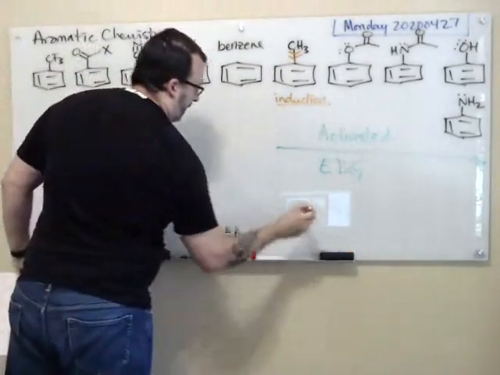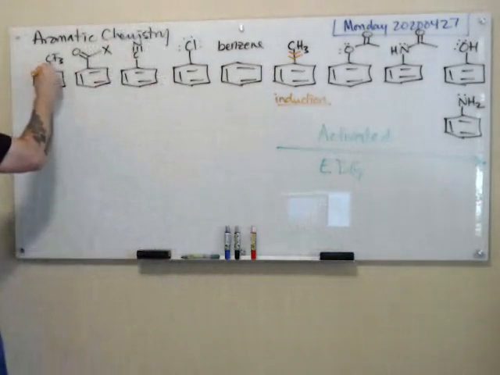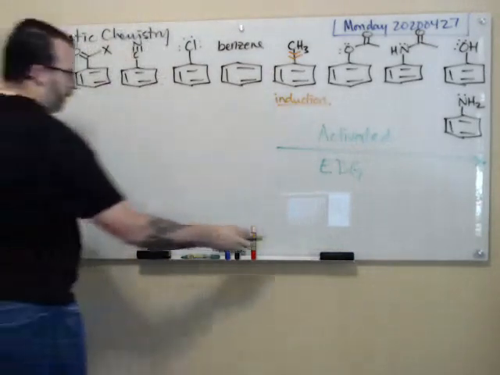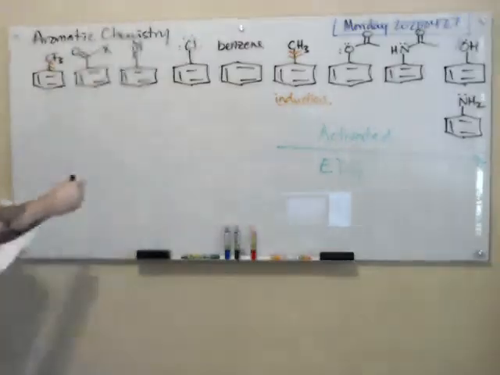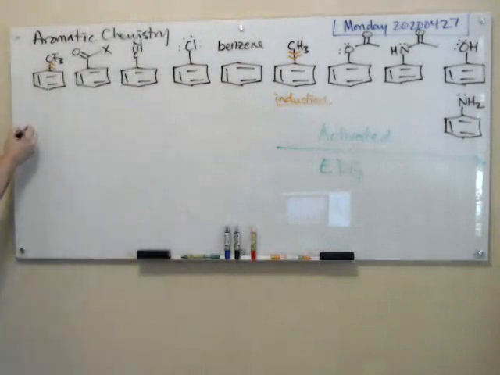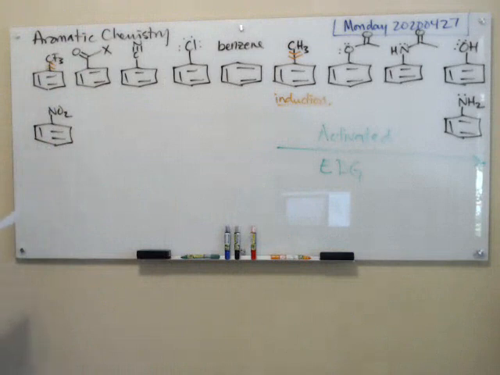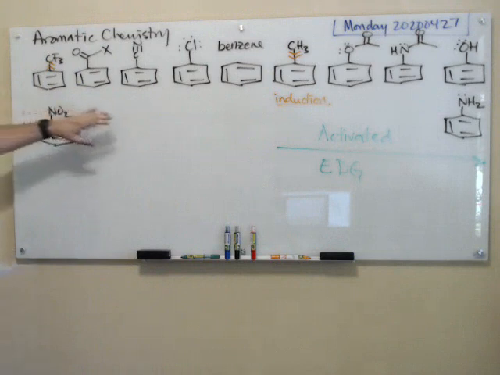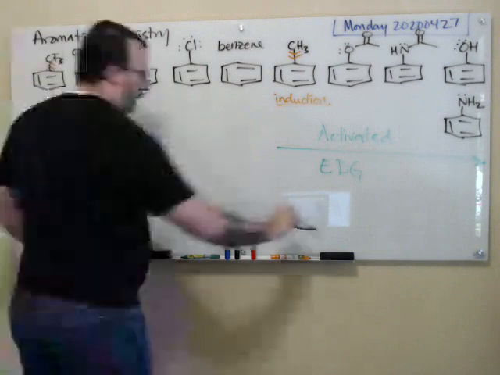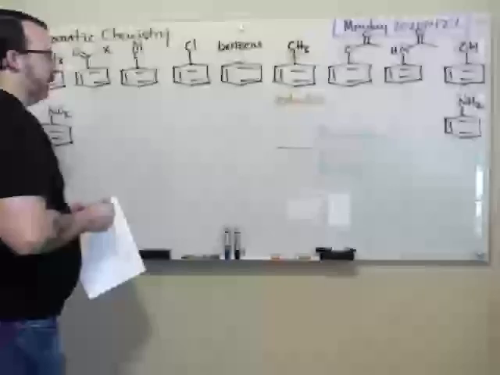This pulls electron density the other way. And then the last one, which I'll draw below since I ran out of room, is the nitro group. And again, these are substituents that deactivate the ring, so we're going to call them electron withdrawing groups.